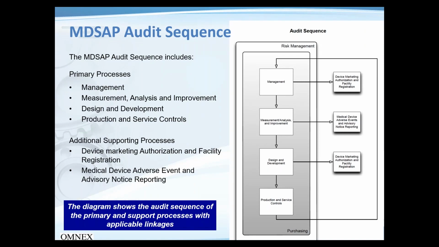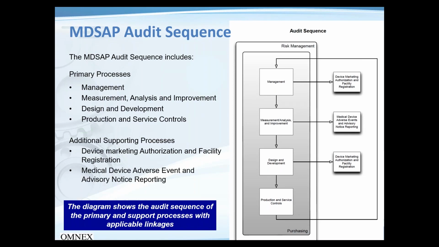We will start with the management processes. And when we are auditing the management process, we will also look at the device marketing authorization and facility registration, because that is the responsibility of top management to make sure that those things are there. And then we take a look into the measurement, analysis, and improvement process, and that is where we are trying to see if there are concerns with this particular medical device.